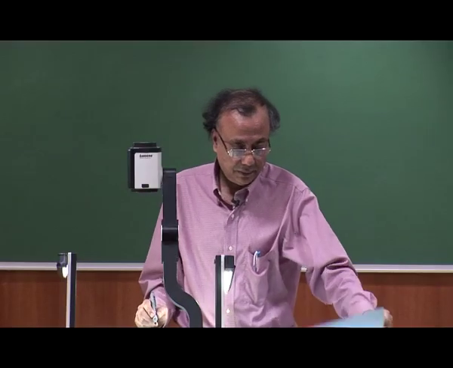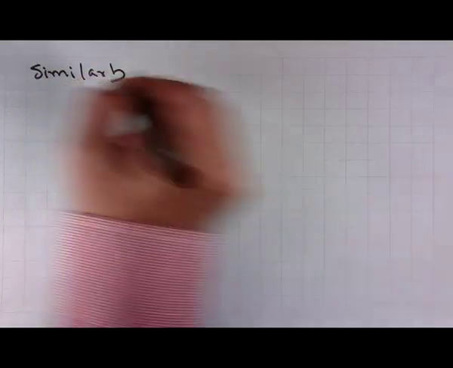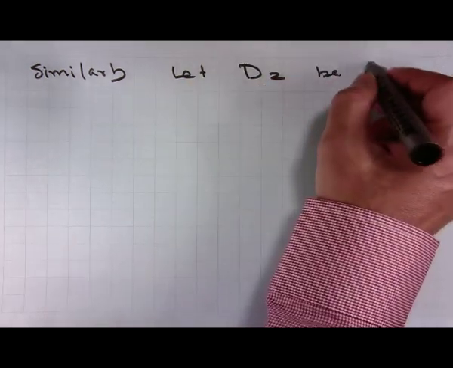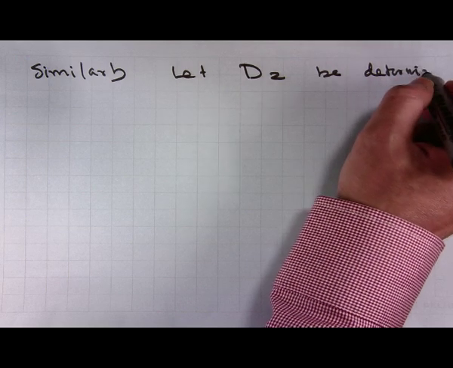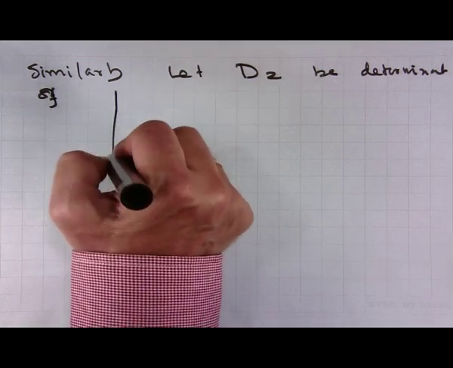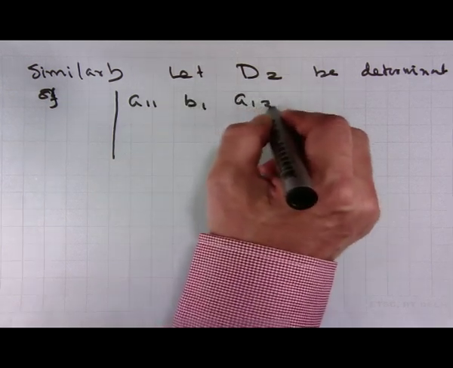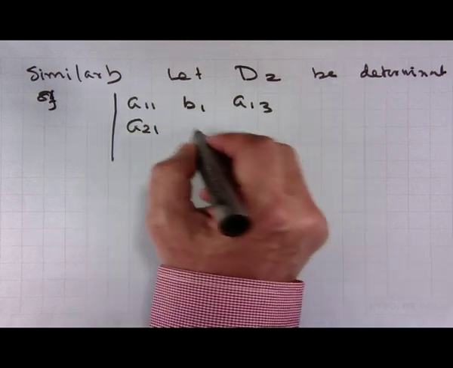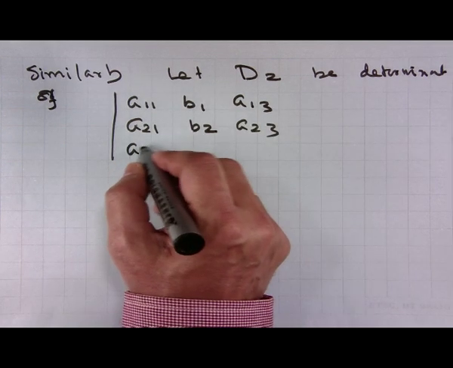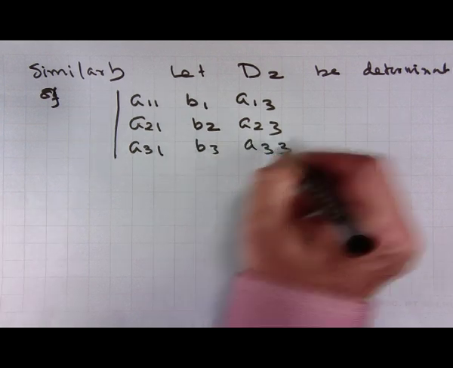Similarly, let D2 be determinant of the matrix A11, B1, A13, A21, B2, A23, A31, B3, A33.